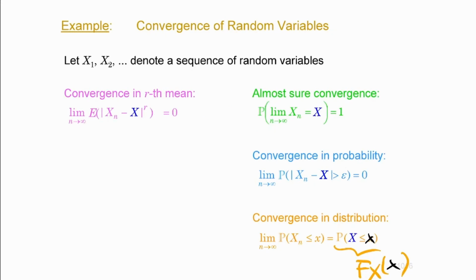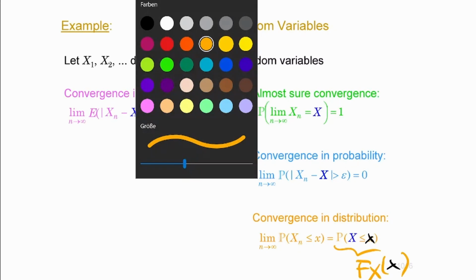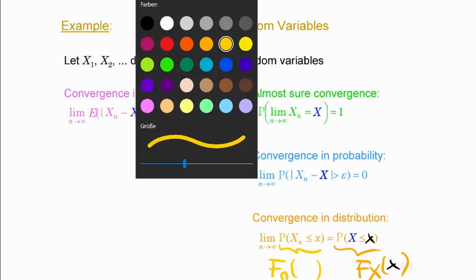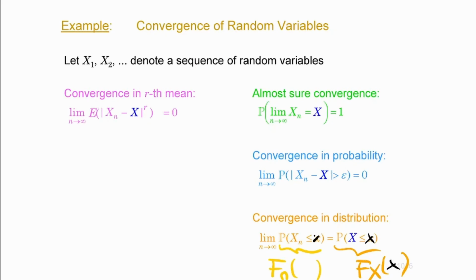Those that are also involved are the probability mass functions of the respective random variables, each at point x. Of course, I need to say that this holds at points at which the limiting cumulative distribution function is continuous. All right, that's pretty much it.